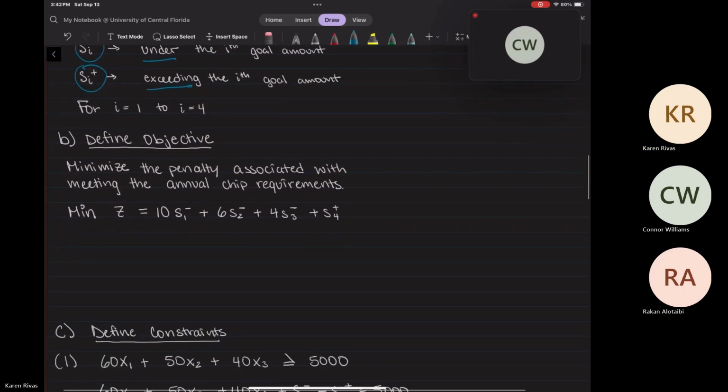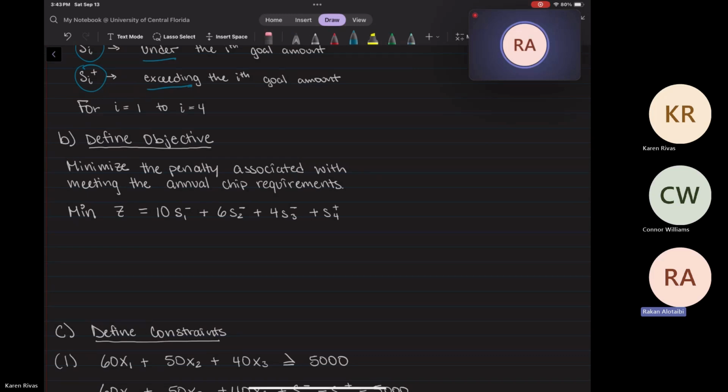Define the objective: minimize the penalty associated with meeting the chips requirements. Minimize z equals 10 d1 minus plus 6 d2 minus plus 4 d3 minus plus d4 plus.